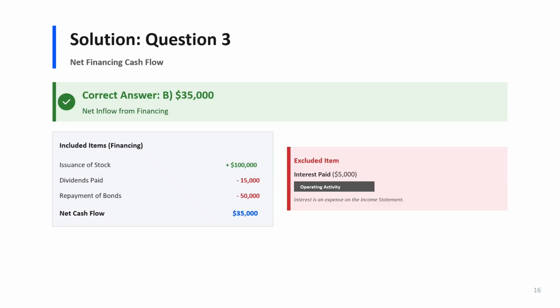This gives us net financing cash flow of 35,000. Remember, interest paid is an operating activity, not financing, even though it relates to the debt. This is a common exam trap, so be sure to distinguish between interest and principal repayment. The final amount is 35,000.